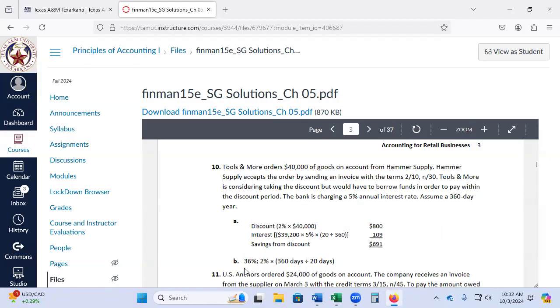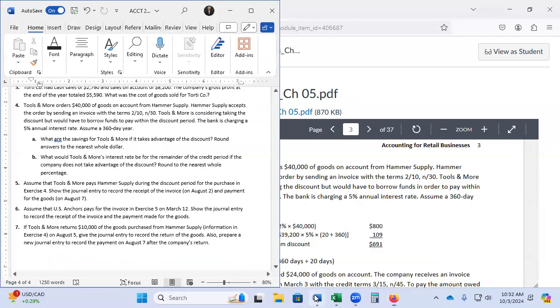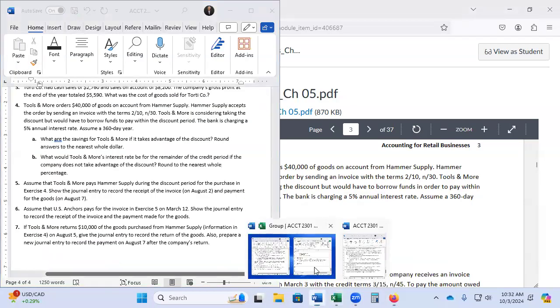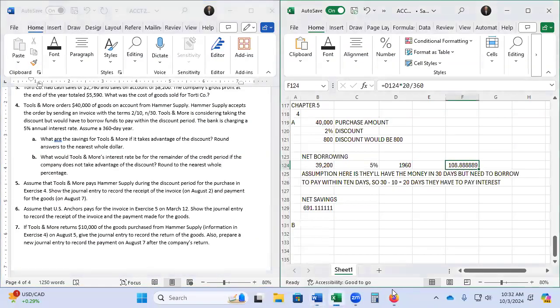Okay, and we made this kind of calculation before. What is the savings? And so the company has a 2% discount, and they save 20 days.